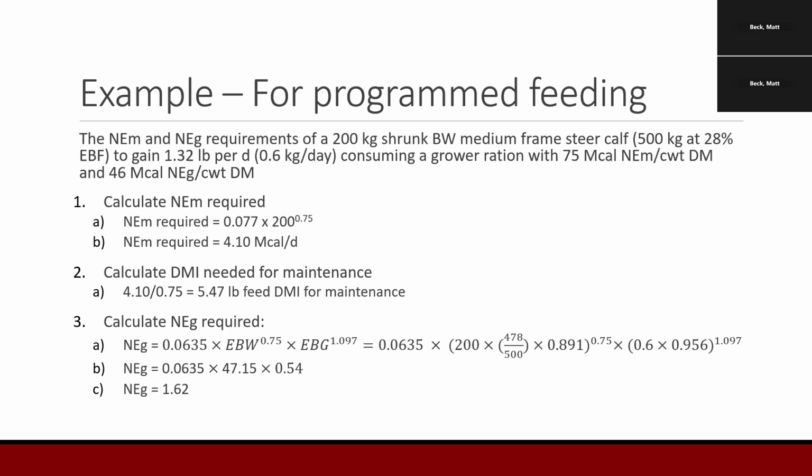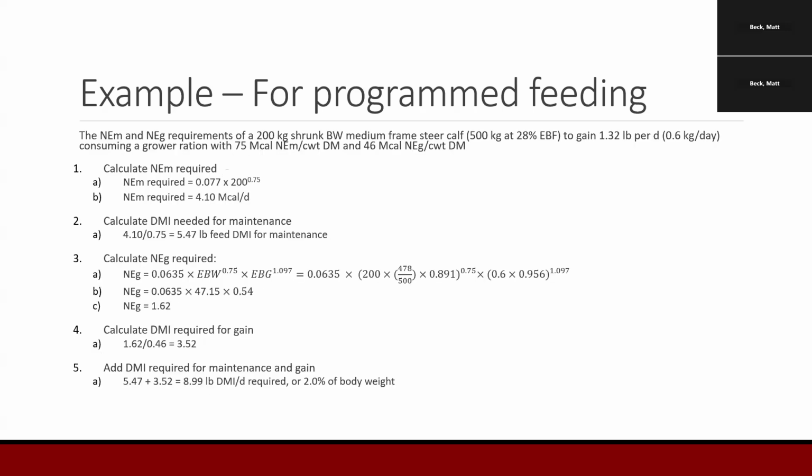Bet you can guess what we're going to do next. Figure out how much dry matter is needed to achieve that amount of NEG. So 1.62 divided by 0.46. So that diet was 46 megacals per 100 weight. So that animal needs to consume 3.52 pounds of feed per day on top of maintenance to gain that rate of gain.